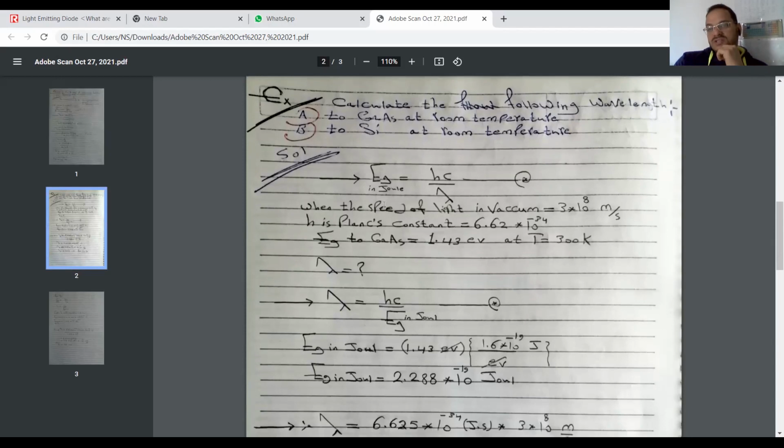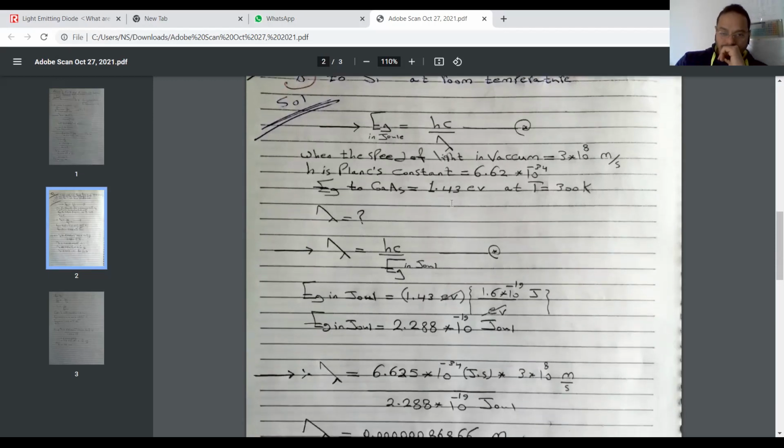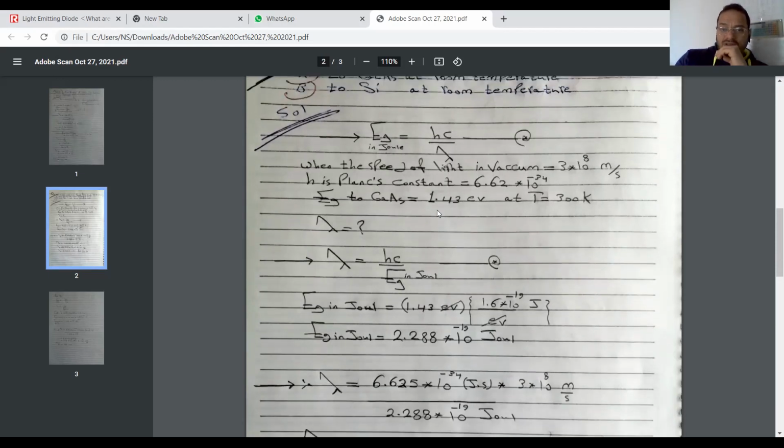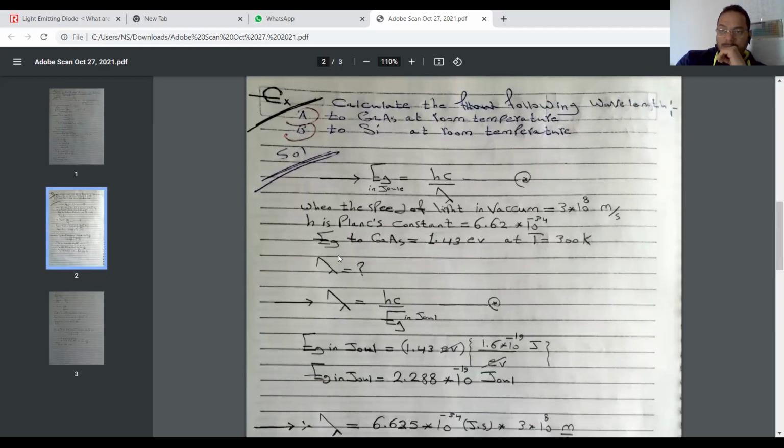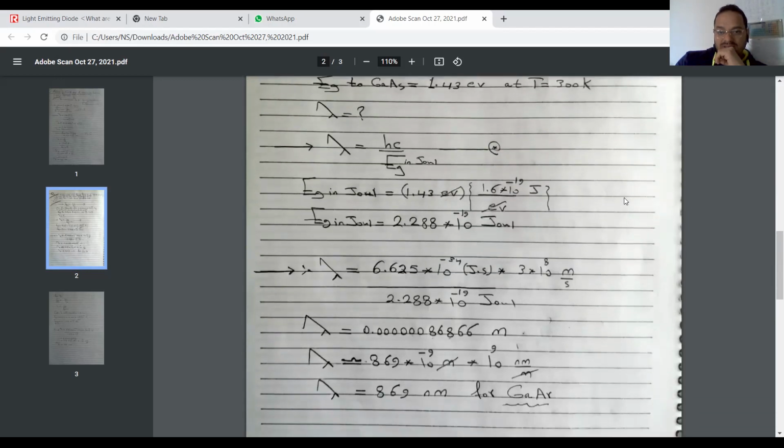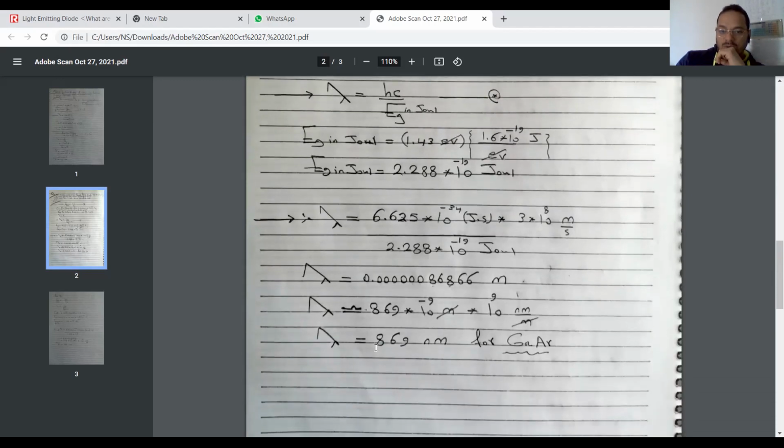By using this equation, the energy band gap in joules equals Planck's constant times the speed of light in a vacuum divided by wavelength. The important thing here is that we must convert the energy band gap from electron volts to joules by multiplying by 1.6 times 10^-19 joules per electron volt, and after that complete our solution. Here lambda equals 869 nanometers for gallium arsenide.